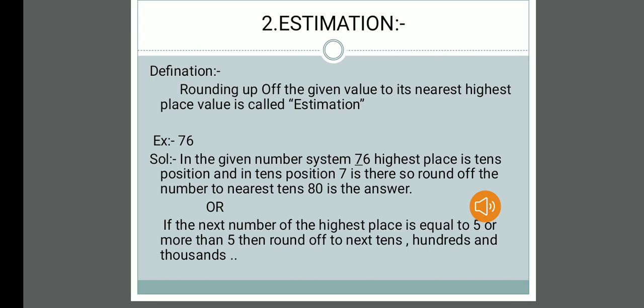Or you can see if the next digit after the highest place is 5 or more. So when I see the next digit is 6, 6 is more than 5 in the number 76. So automatically we have to round off to the next number. So the answer will be 80.